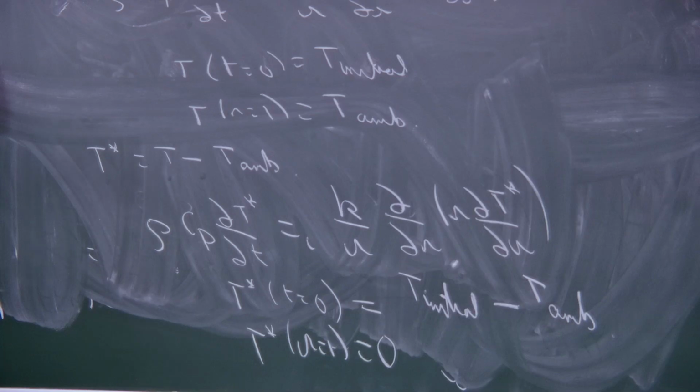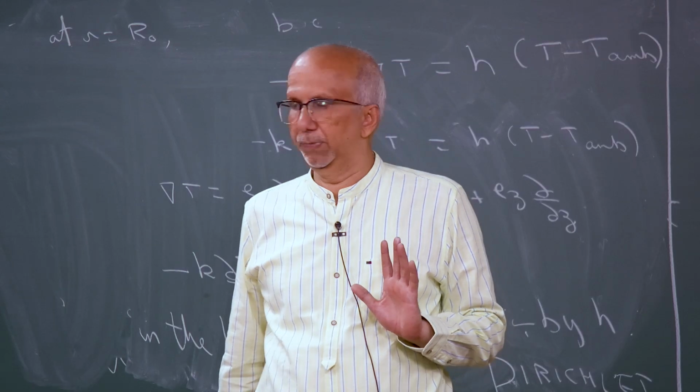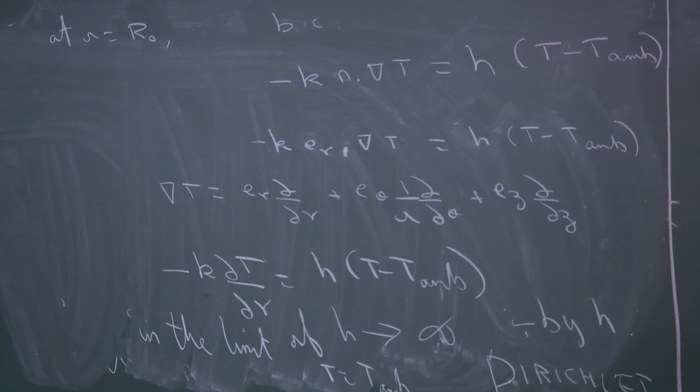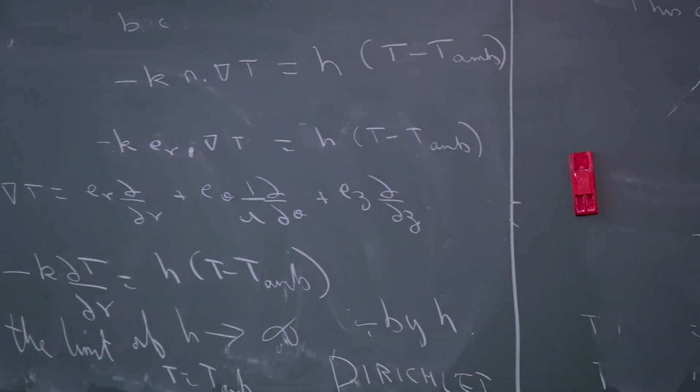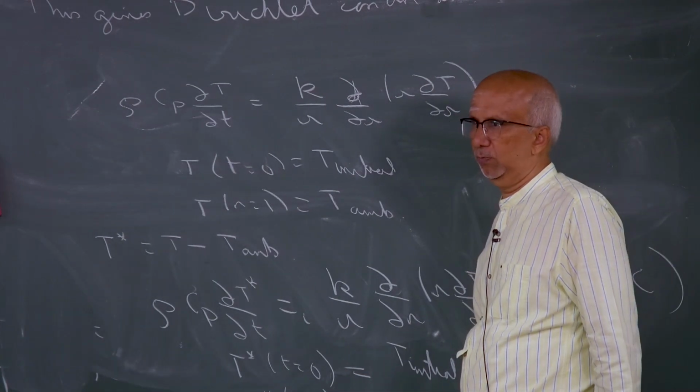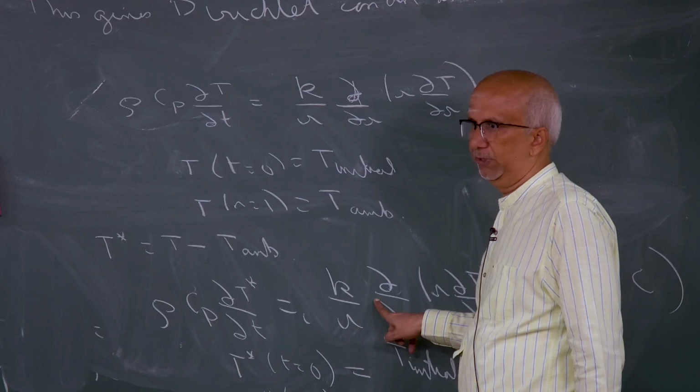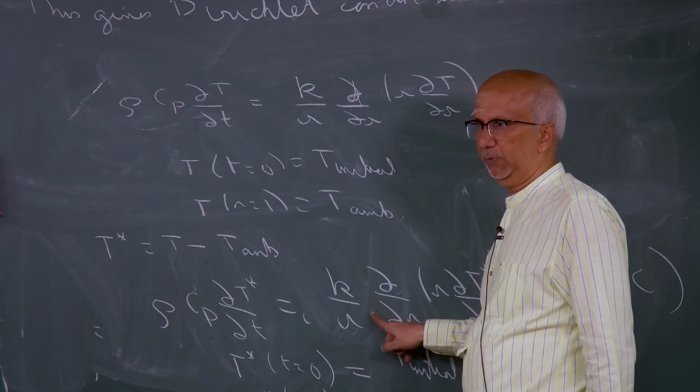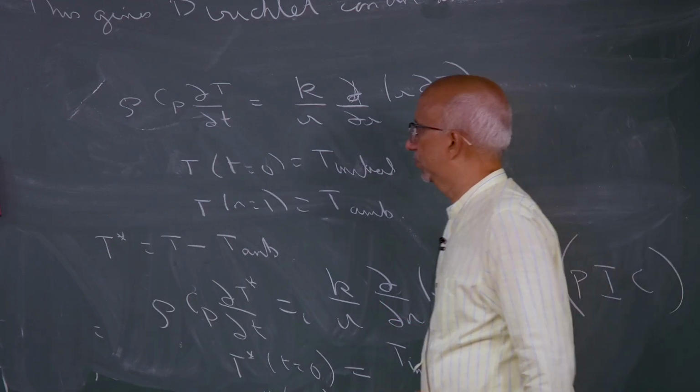So this is a parabolic initial condition problem. Agreed? Because the differential equation is parabolic, this is a parabolic initial condition problem. Only the initial condition is non-zero, the boundary condition is homogeneous, the differential equation is homogeneous, and this is non homogeneous.